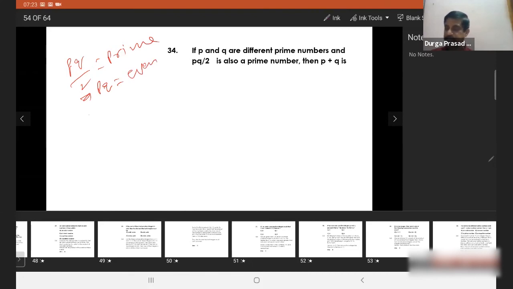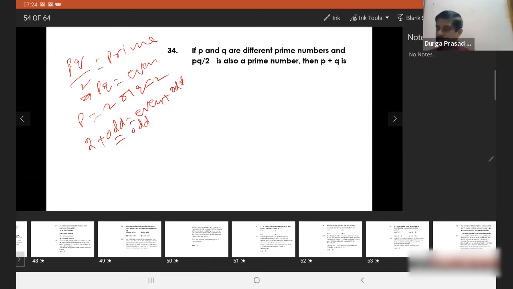So that means either P is 2 or Q is 2. Any one of them is 2. So now P plus Q means 2 plus all others are odd. So 2 is even, even plus odd is odd.